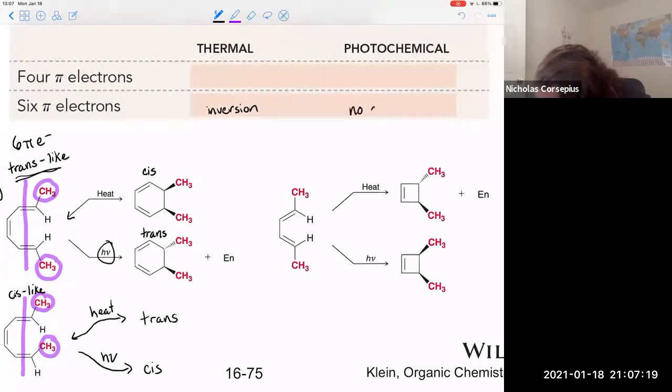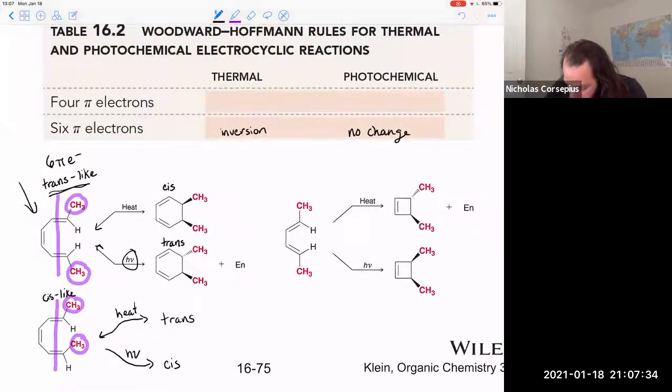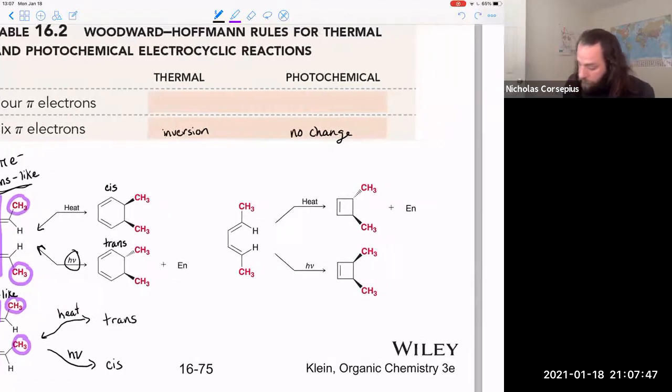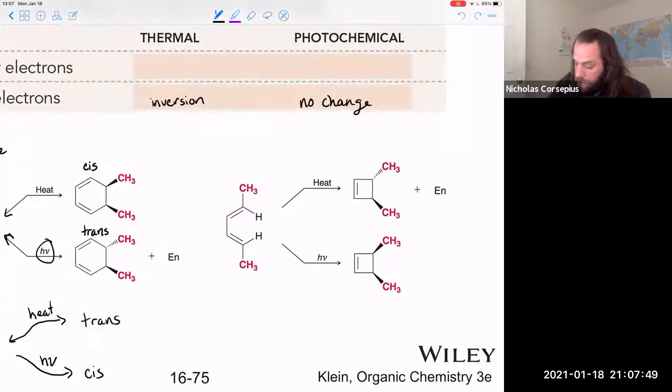So there's no change that occurs when 6 pi electrons are hit with light. You're not going to get any change in your stereochemistry. And again, the same argument about this being reversible. So if you started out with this trans ring here and hit it with light, you would get to the trans-like alkene.